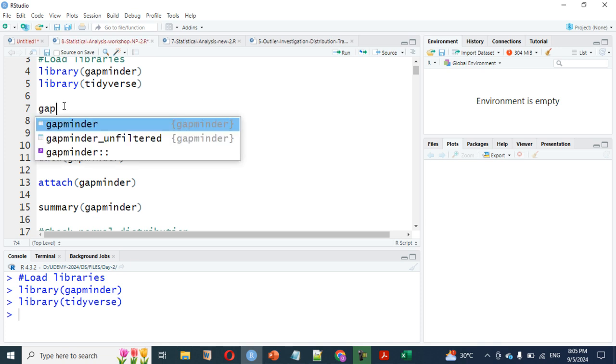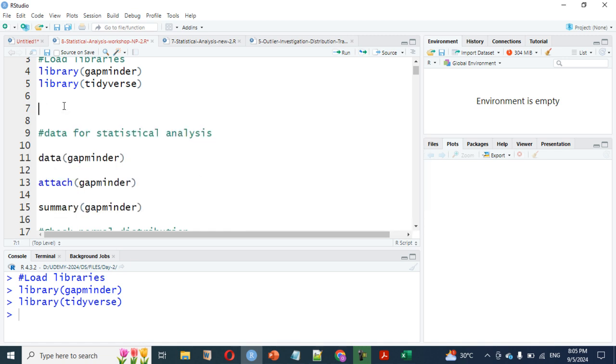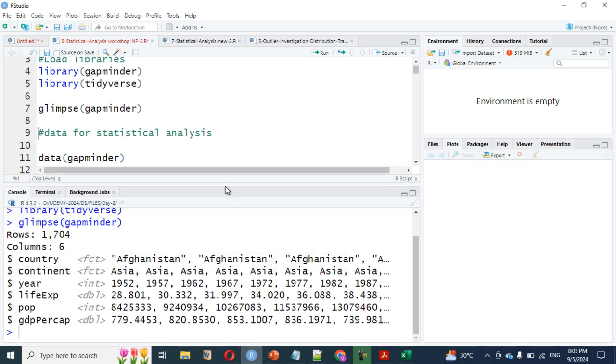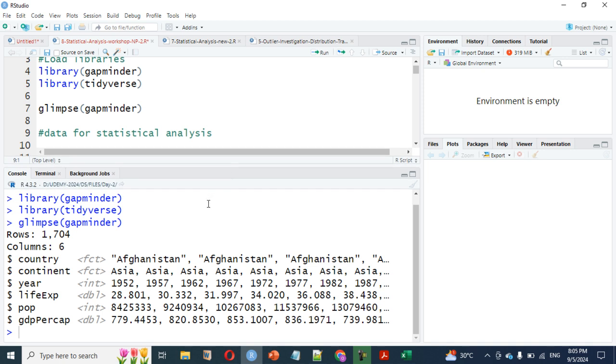Gapminder. Let's just glimpse it. Okay, so I run the gapminder now. I just want to glimpse what is inside it. All right. So now it has 1704 rows and 6 columns.